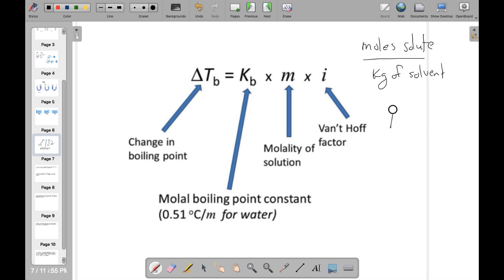So if it's salt, this dissociates into Na and Cl. So this is 2 ions. So we'd have to put a 2 here. That depends on the type of solute that you are adding. I think all these problems here have a 1 there, so we're basically going to ignore that. Maybe I'll do a video later that has some Van Hoff's factor numbers in it.